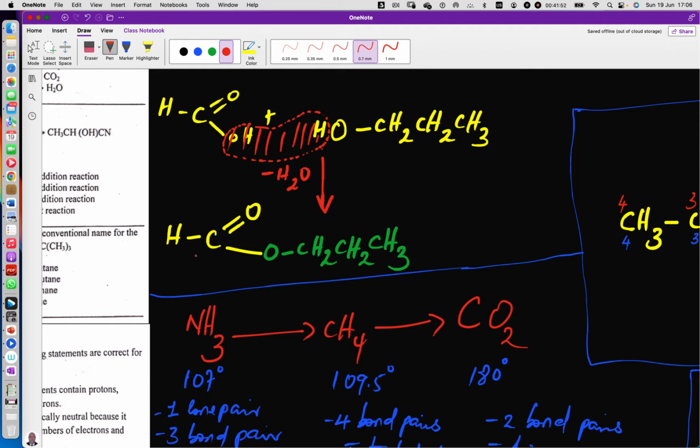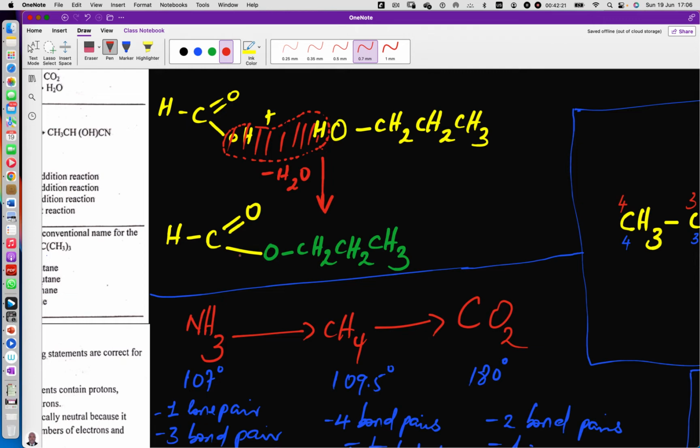Once more, we start naming the ester using the alkyl group from the alcohol, which is propyl, and end with the one from the acid, methanoate.